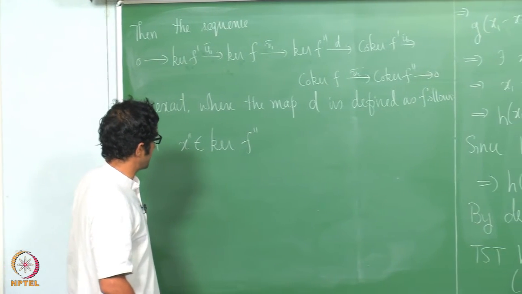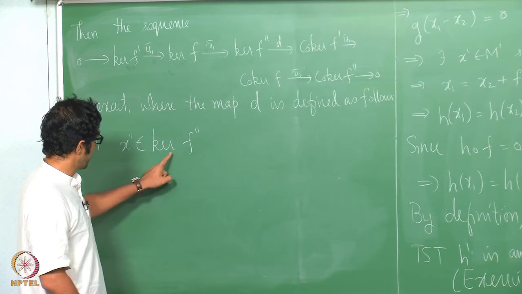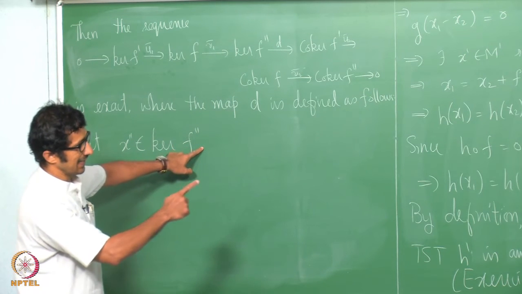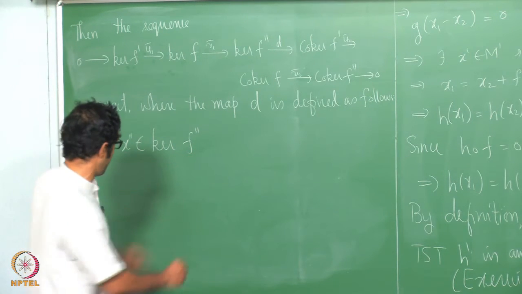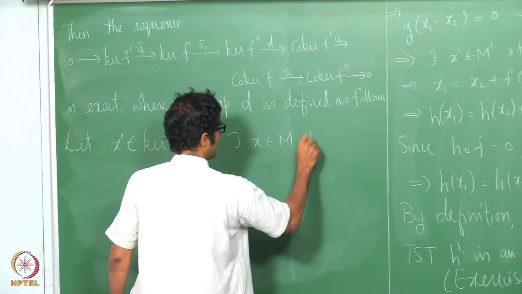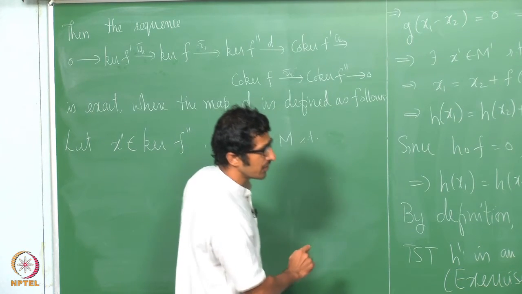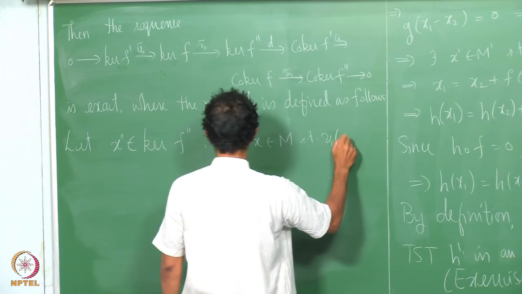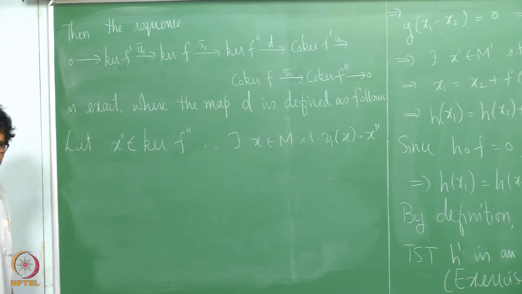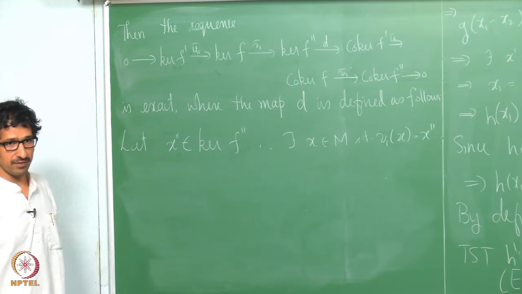So, I start with an element in the kernel of f double prime. Now, this is a submodule of m double prime, therefore there exists some x in m such that v1 of x is equal to x double prime, by surjectivity of v1.